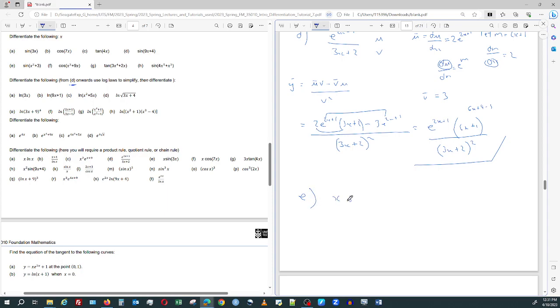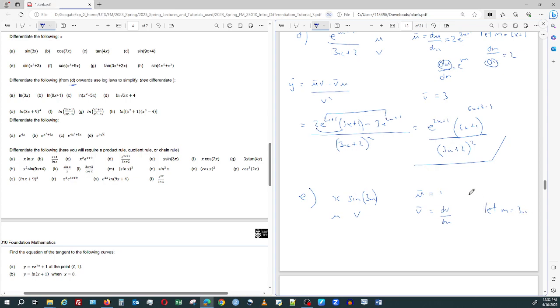x sine 3x, u and v. u dash is equal to 1, v dash will be equal to dv dx. Let m equal 3x.